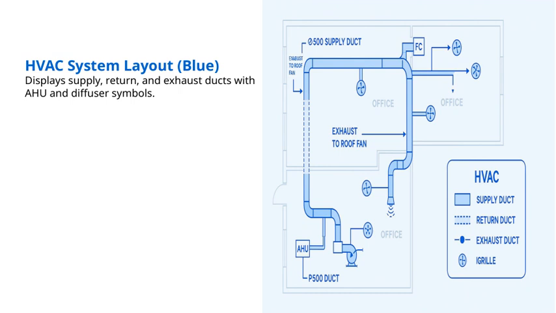You'll also notice the symbols for the air handling unit, or AHU, and diffusers. The AHU is essentially the heart of the system, conditioning the air, heating, cooling, filtering before it's distributed. Diffusers, on the other hand, are the outlets through which the conditioned air is released into the space, ensuring even distribution.